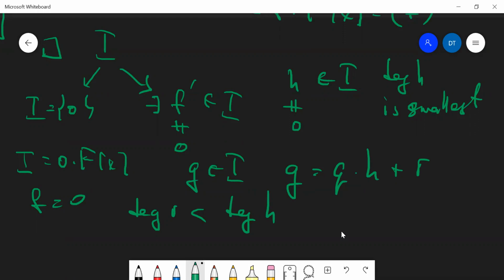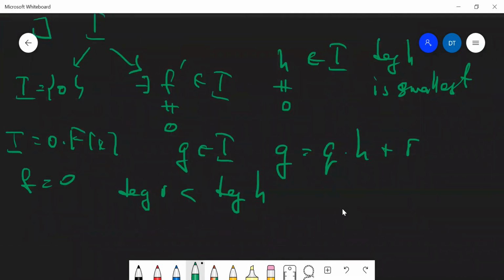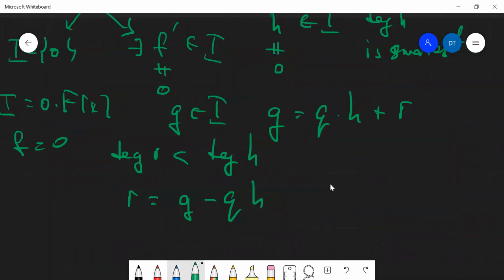But you can represent R in the form G minus QH, and the element G was an element of the ideal I. H, by definition, was an element of the ideal I. By the definition of the ideal, if H is in the ideal, then the product QH is also in the ideal. So this implies that the whole expression is in the ideal I. So R is also a polynomial from the ideal I.